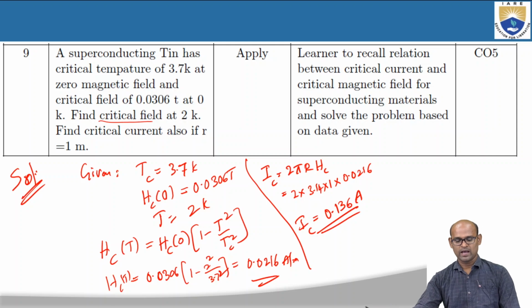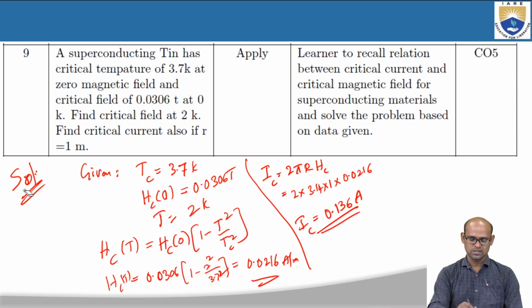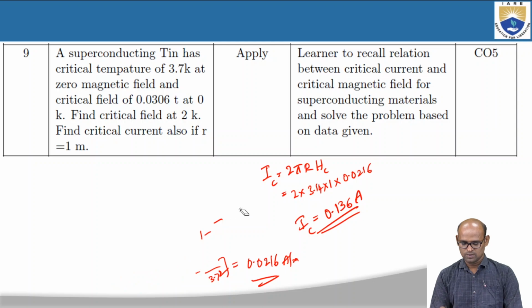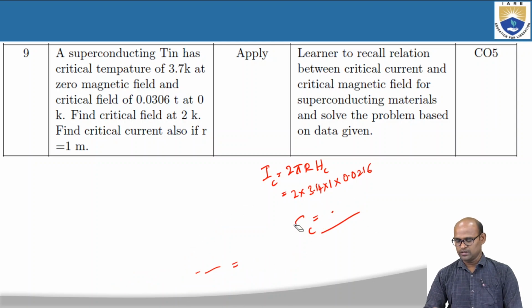So we have calculated the critical field at finite temperature and the critical current. Let us go to the next problem. That is the last problem in this module 4, and then we will look at the long answer questions.